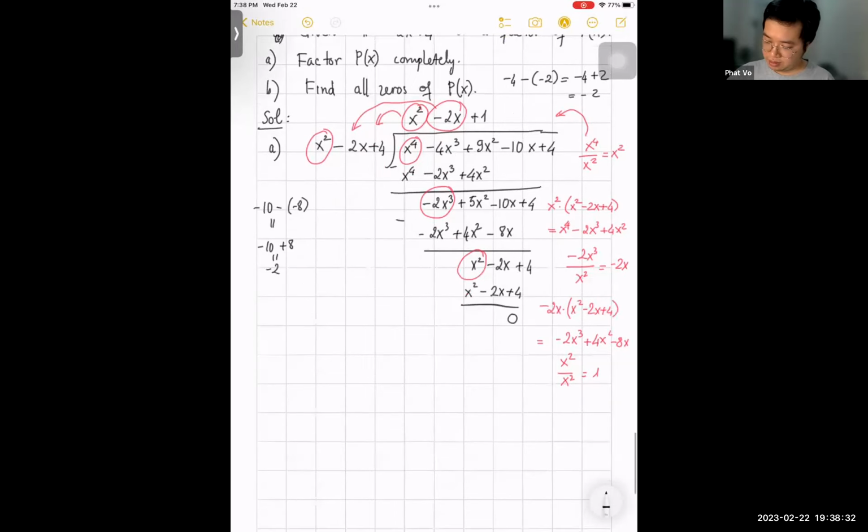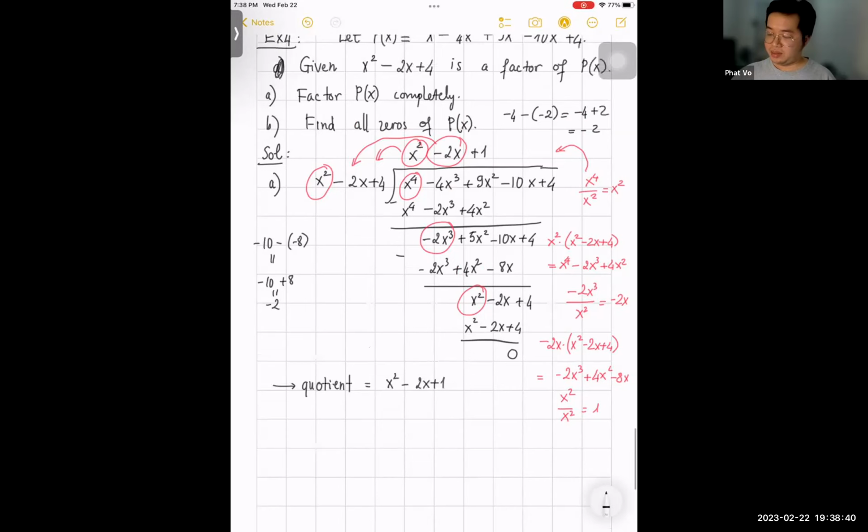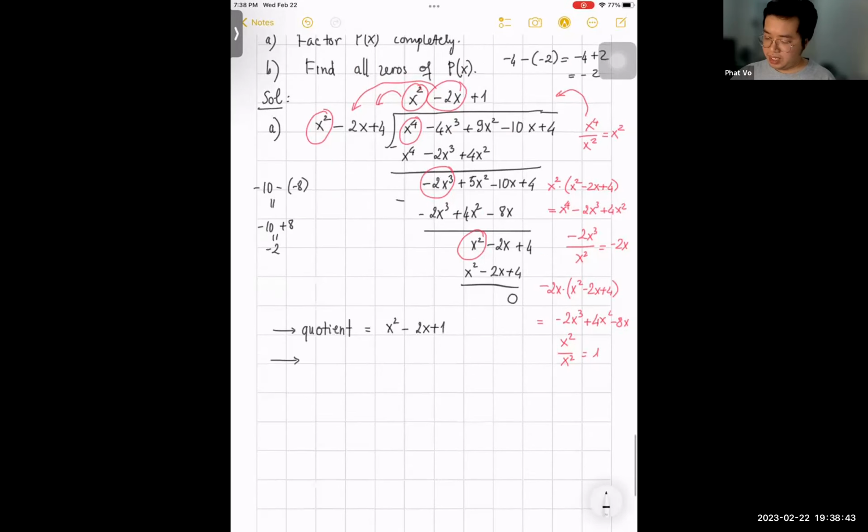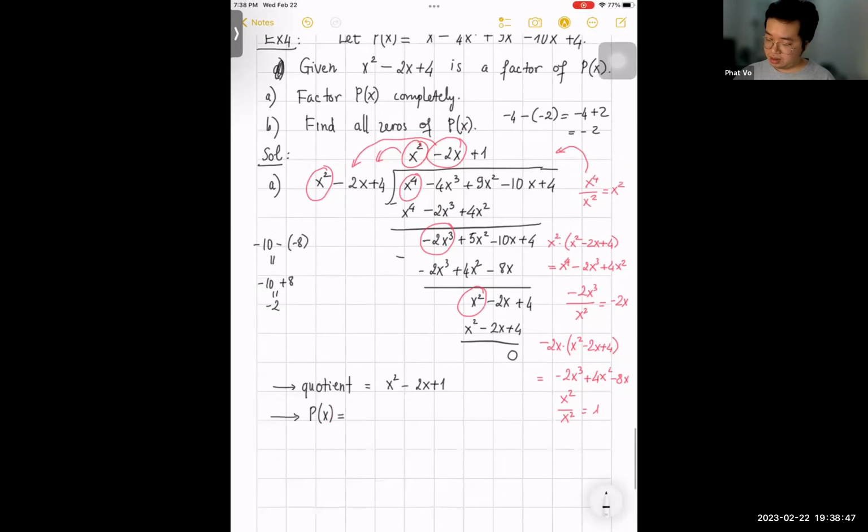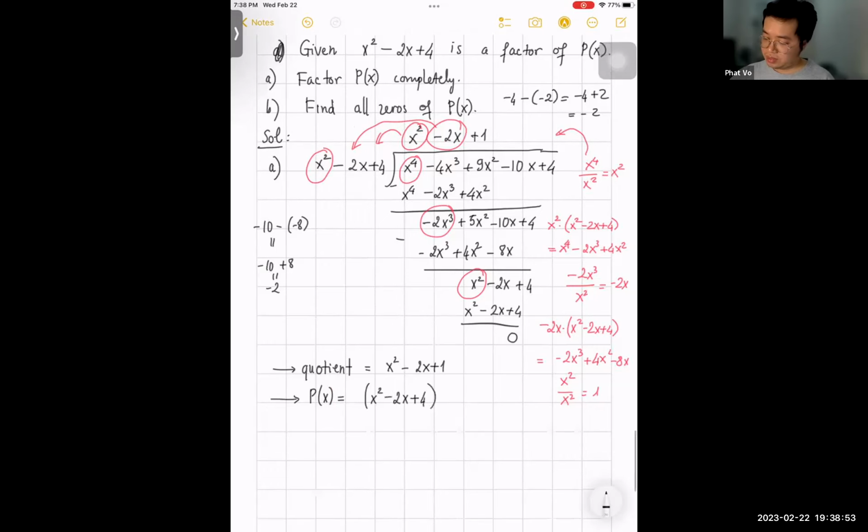So we find the quotient. After that, P(x) can be written as, because this is a factor, x^2 minus 2x plus 4 times the quotient.